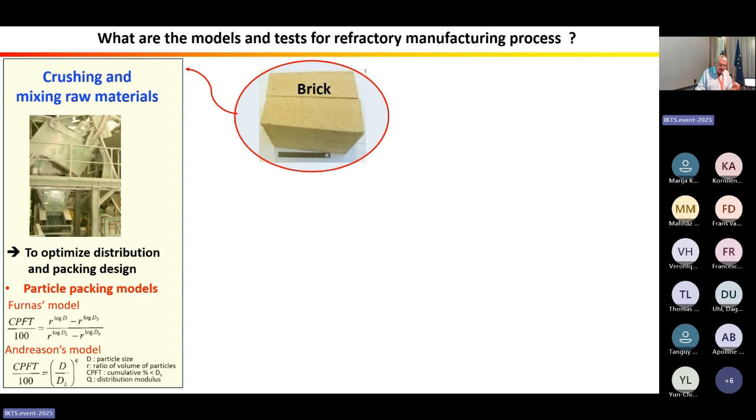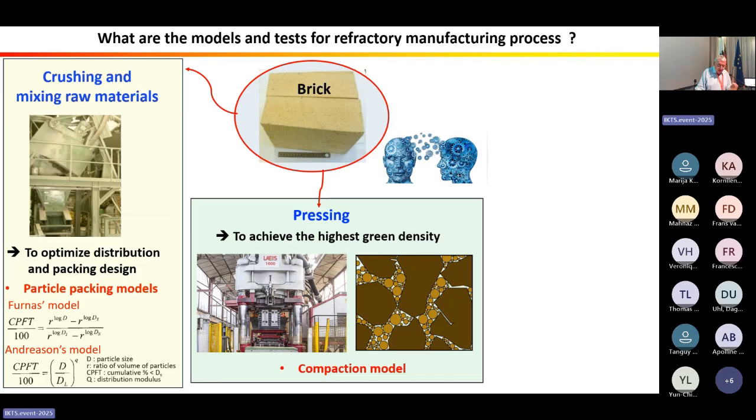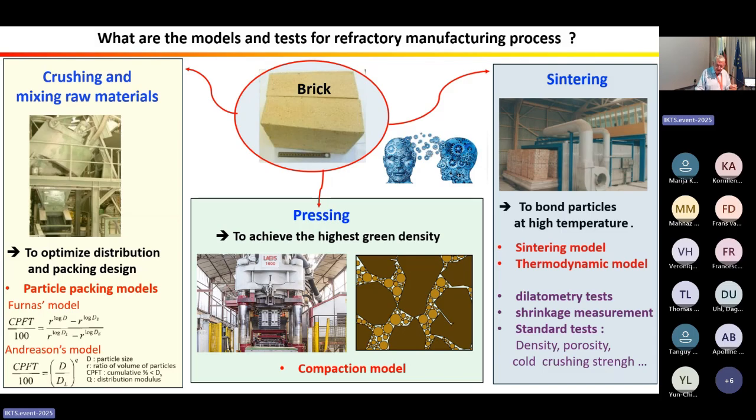Concerning crushing and mixing raw material, we have to optimize the distribution with different particle packing models, like the Furnas model or the Dresden model, which are very classical models. For pressing, we can use compaction models, and for sintering, we have a lot of different possibilities: sintering models, thermodynamic models, dilatometry tests, shrinkage measurement, and standard tests: density, porosity, cold crushing strength, and so on.